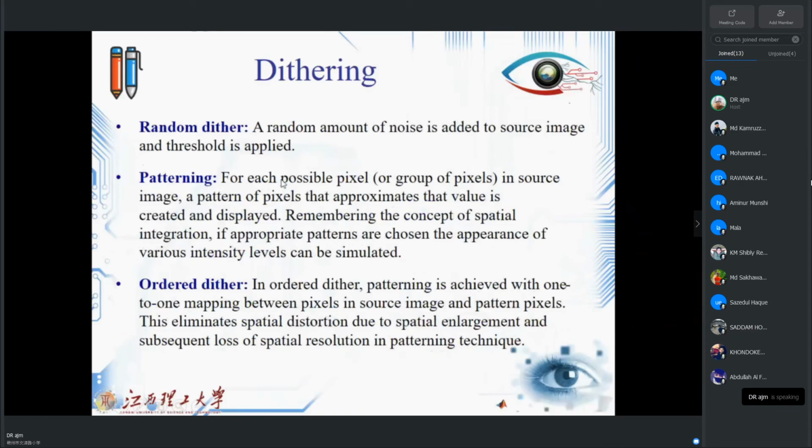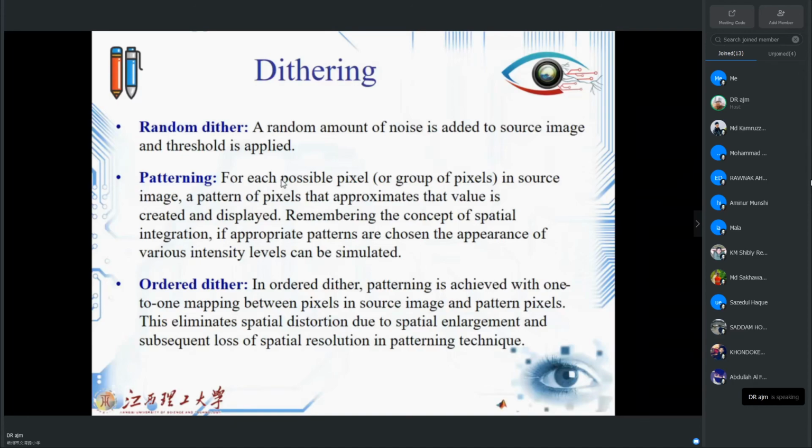Then we have random dither, in which a random amount of noise is added to the source image, and the threshold is applied. Then patterning, in which for each possible pixel, or some group of pixels, in the source image, a pattern of pixels that approximates that value is created and displayed.